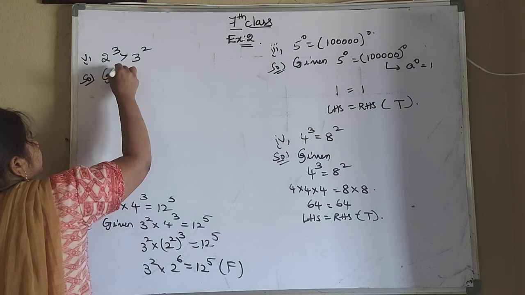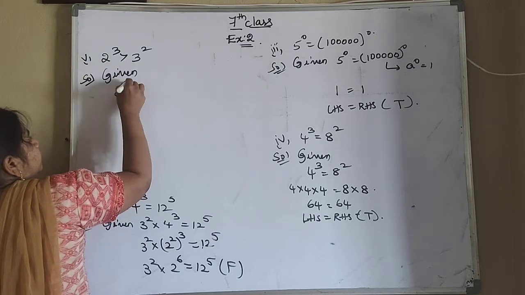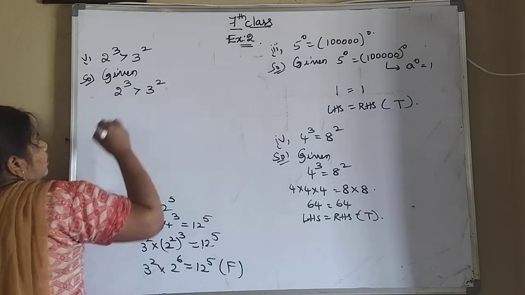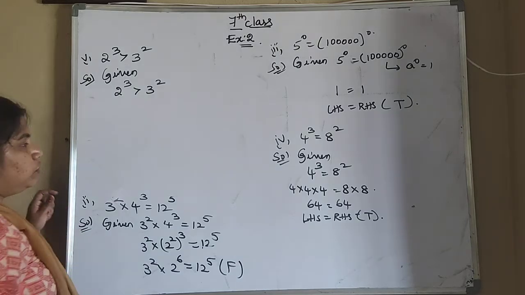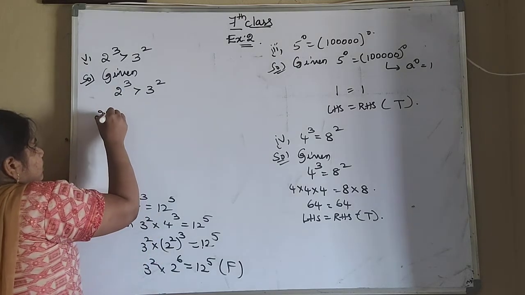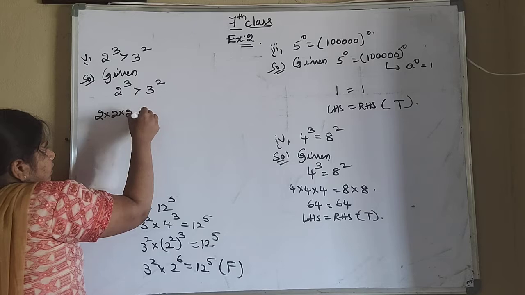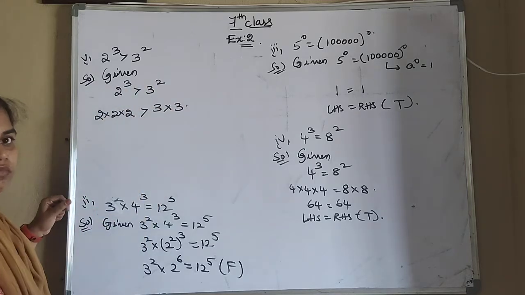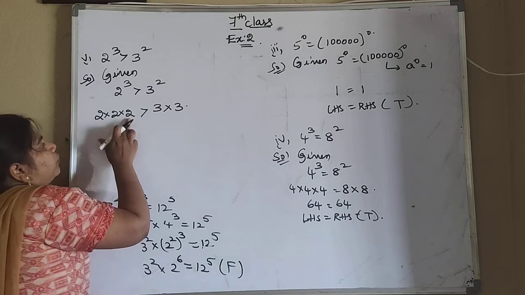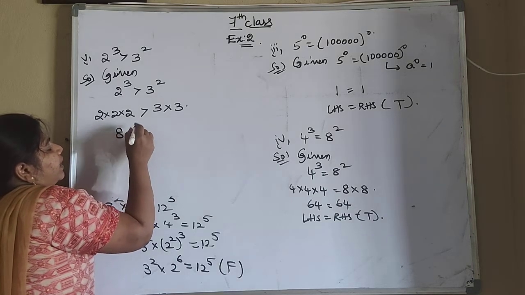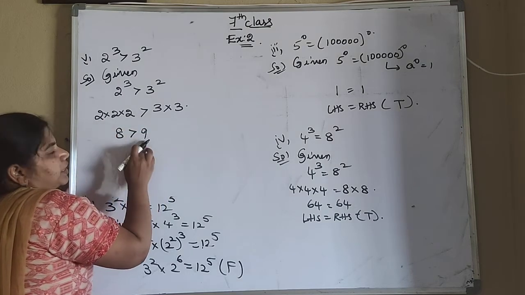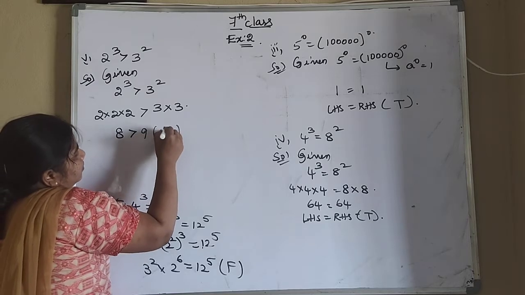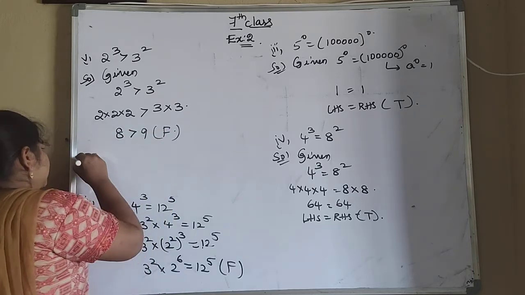So given 2 cube is greater than 3 square. 2 cube is nothing but 2 we have to multiply 3 times. 3 square is nothing but 3 we have to multiply 2 times. Okay. So 2 2s are 4, 4 2s are 8 is greater than 3 3s are 9. 8 is greater than 9? No. So it is false. So next, sixth one.